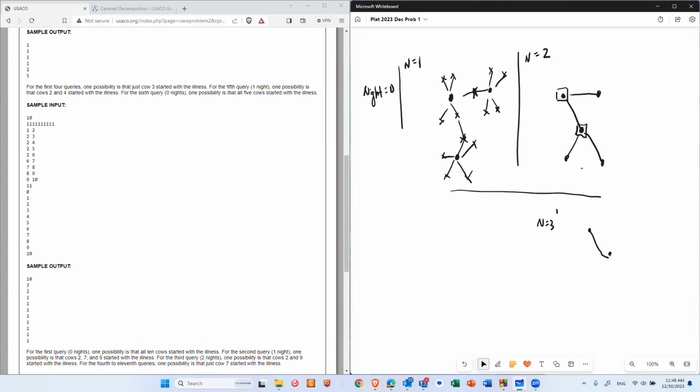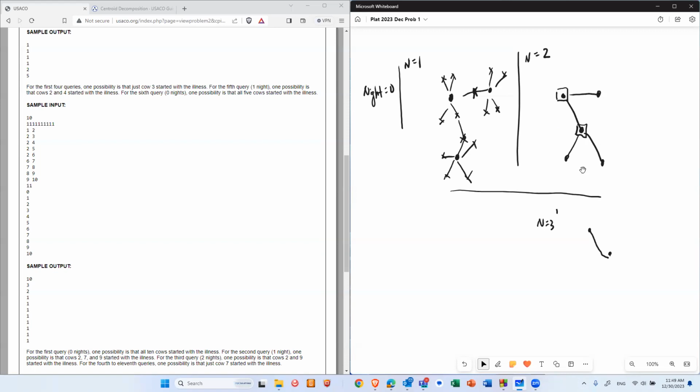So what you do is you're using a greedy algorithm and using a centroid. Every night you're stepping up, you remove all the neighbor cows, and then you're left with a new tree, which are the original centroids.